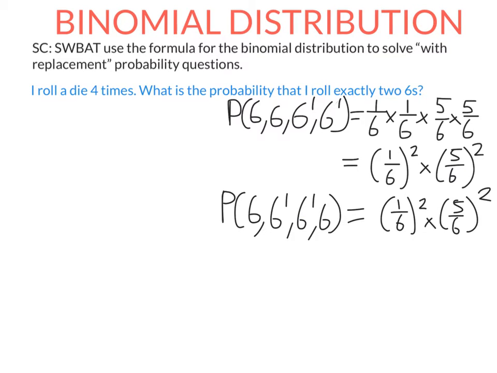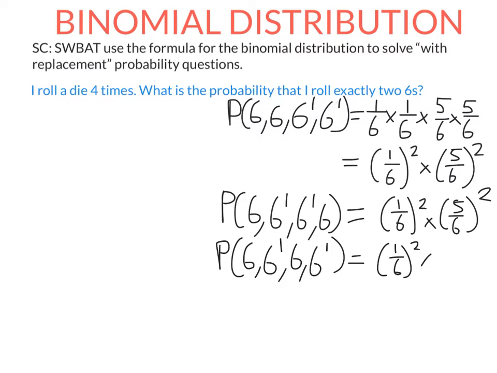But there's more ways that this could happen. Another way it could happen, I could get a 6, then not a 6, then a 6, then not a 6. And it would have exactly the same probability. So remember, what I am essentially doing when I use a tree diagram is I'm finding all of the ways that I could get 2 6s and 2 not 6s, and then I add them all up.